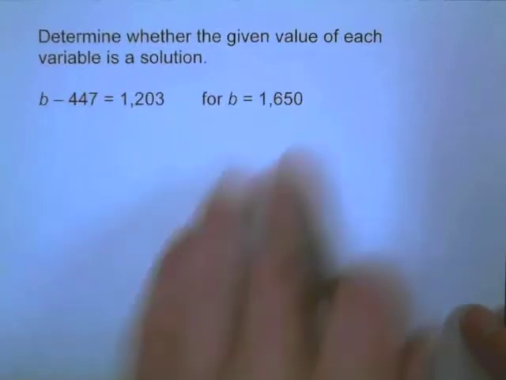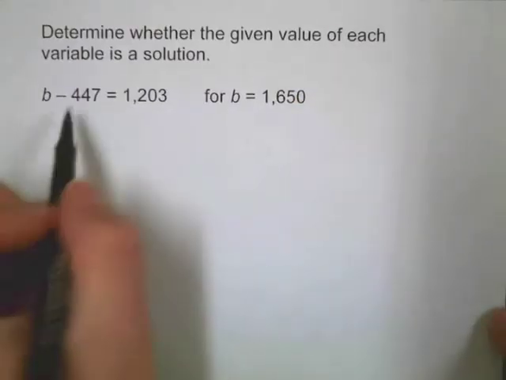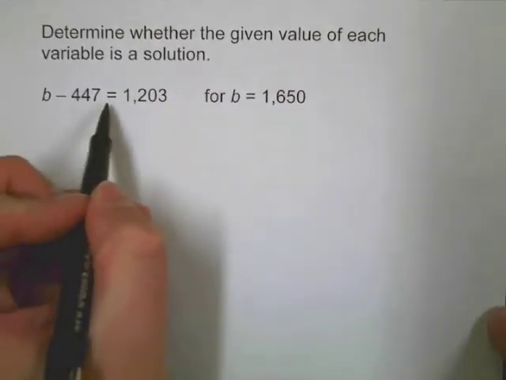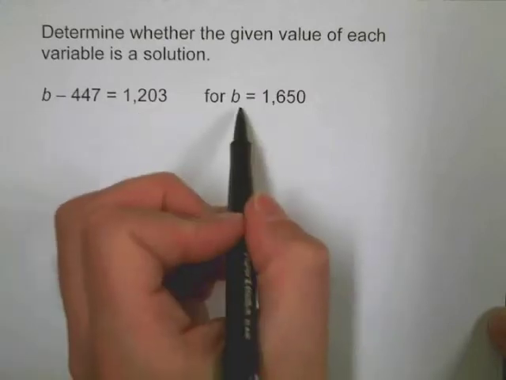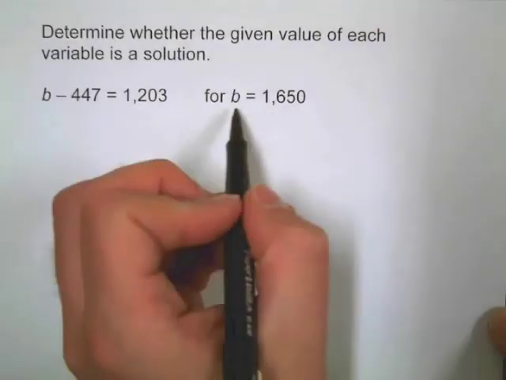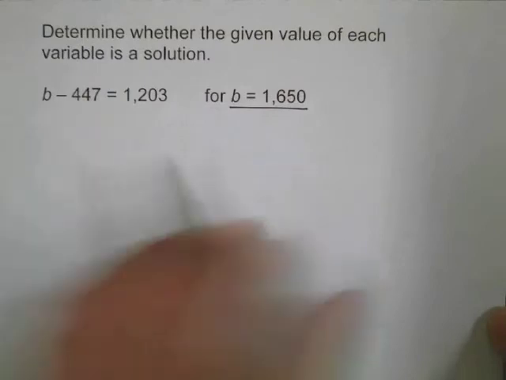Let's say we want to determine whether b is a solution for the following equation. B minus 447 equals 1,203, if b is equal to 1,650. So let's see, we want to see if this over here is a solution for this particular problem.